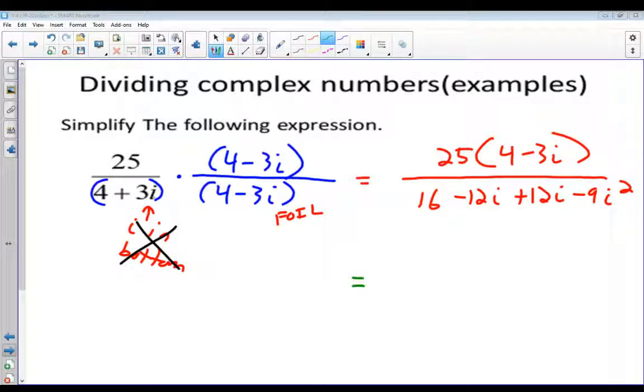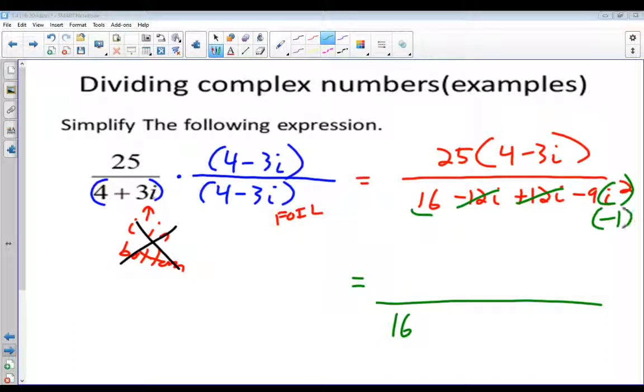So now moving on, I'm going to take care of the bottom. 16, just keep it 16 for now. The negative 12 and positive 12 will cancel. The i squared becomes negative 1. So negative 1 times negative 9 on bottom becomes positive 9.